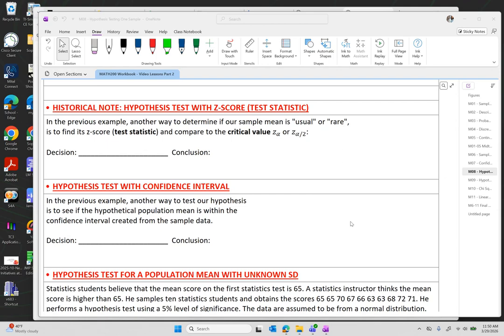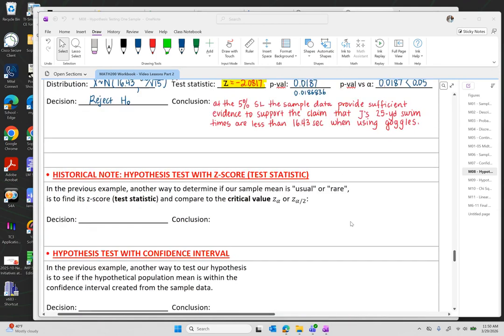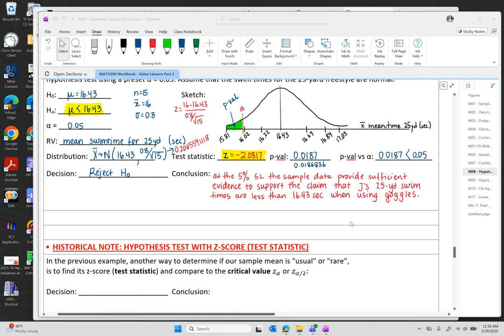So when we use the test statistic, instead of comparing the p-value to alpha, we will compare the test statistic, the z-score, to the z of alpha or the z of alpha halves, depending on the test, that represents the actual direction of the test we need.